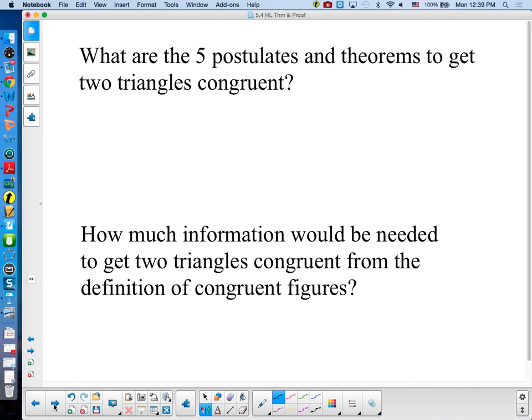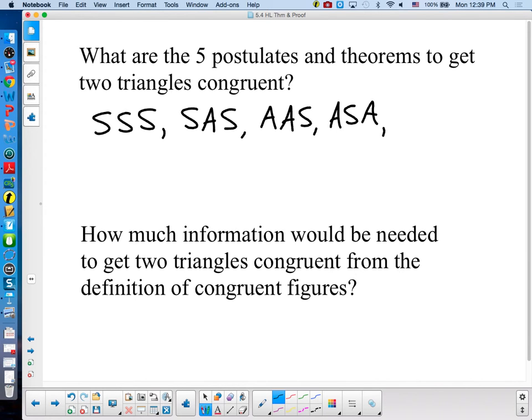And they were side, side, side. Side angle side.